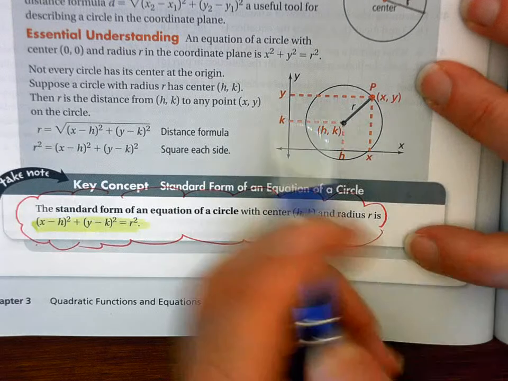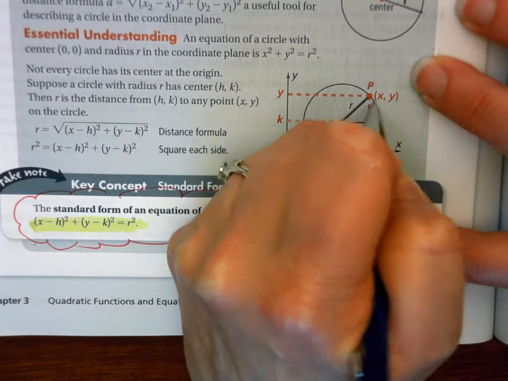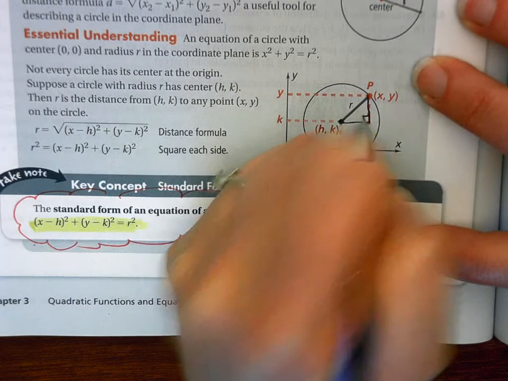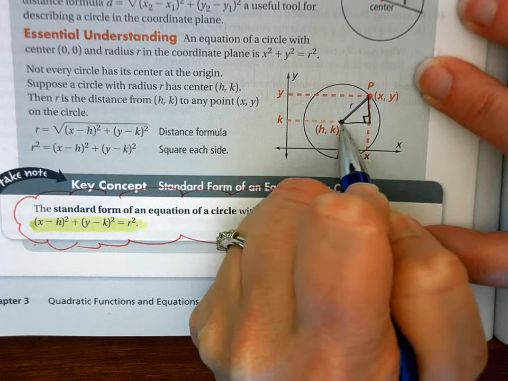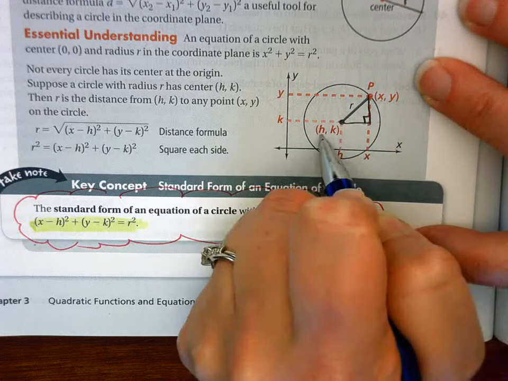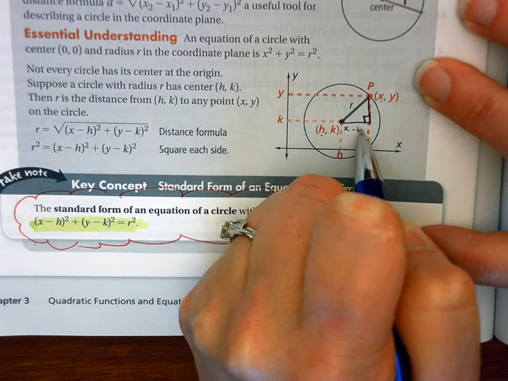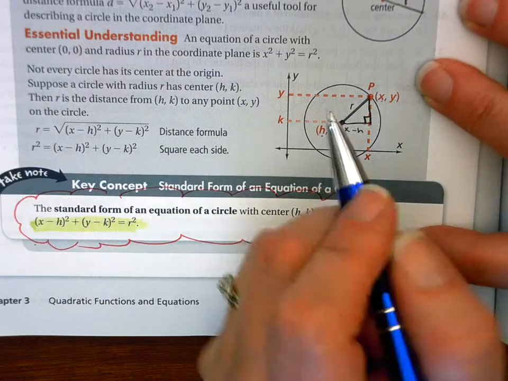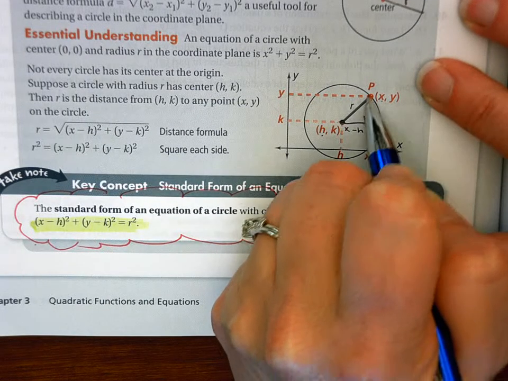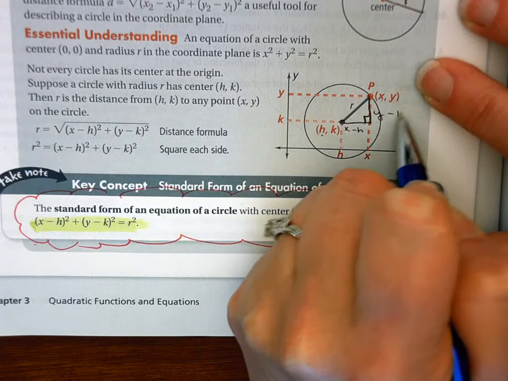So as far as the distance formula goes, if we make this into a right triangle, we know that from here to here, it's the difference between h and x, so that's x minus h, or we call that delta x. And the distance between here and here is the distance between k and y, or y minus k.